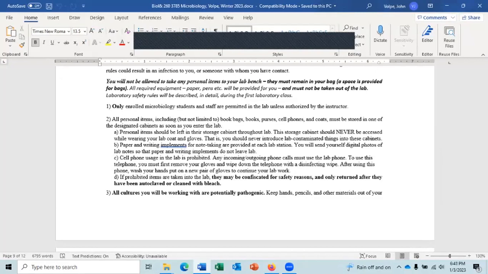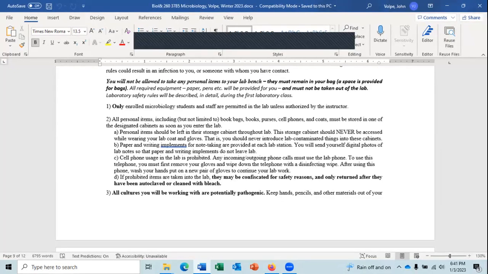To sterilize it, you would have to put it in a disinfectant like bleach for something like 10 to 15 minutes. I think it's 15 minutes. Or you could have it autoclaved, that's put under a pressure cooker for 15 minutes. So if you did want to take like a penicillin and take it home, it has to be sterilized before you can take it out of the lab. Any questions about any of that?